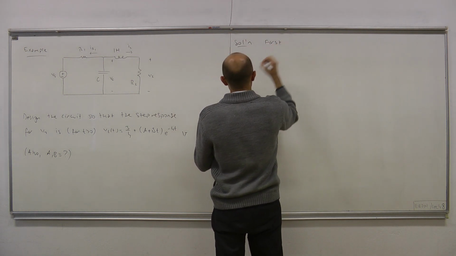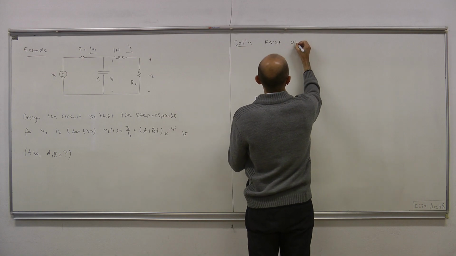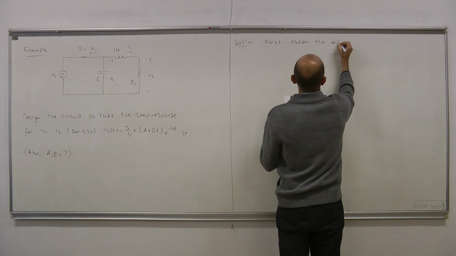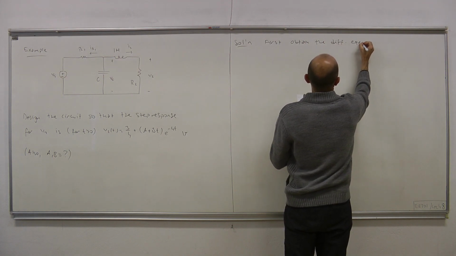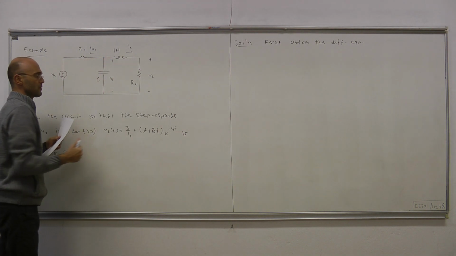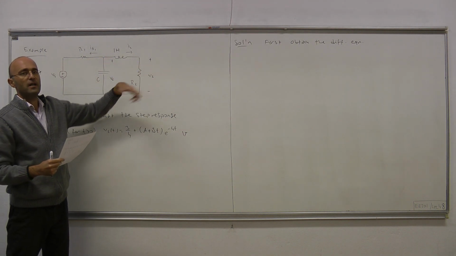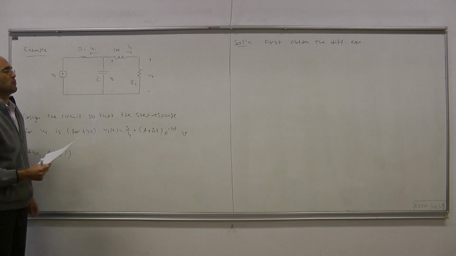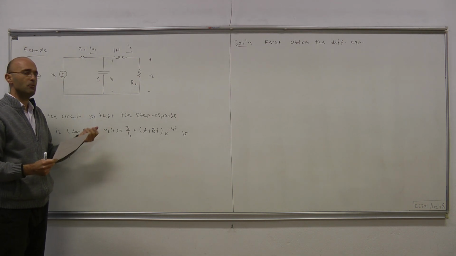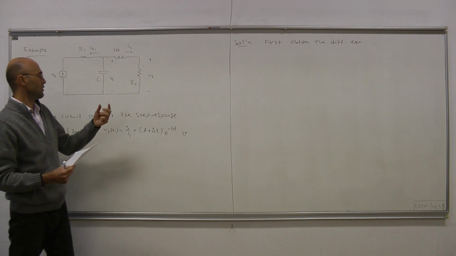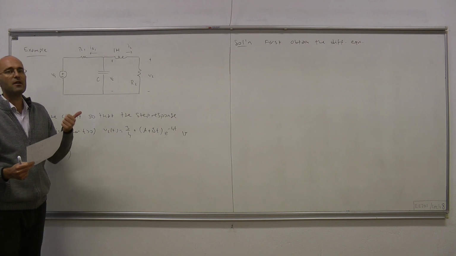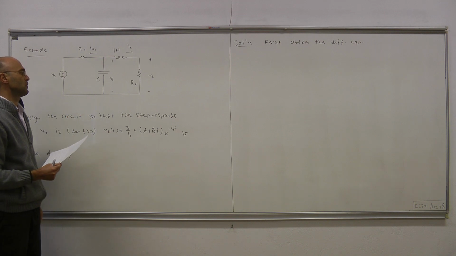First, obtain the differential equation. Now, this is the solution V2, and usually we obtain our differential equations in terms of either capacitor voltage or inductor current, but the response or the output of interest is the voltage for the second resistor, so it's neither inductor current nor the capacitor voltage.